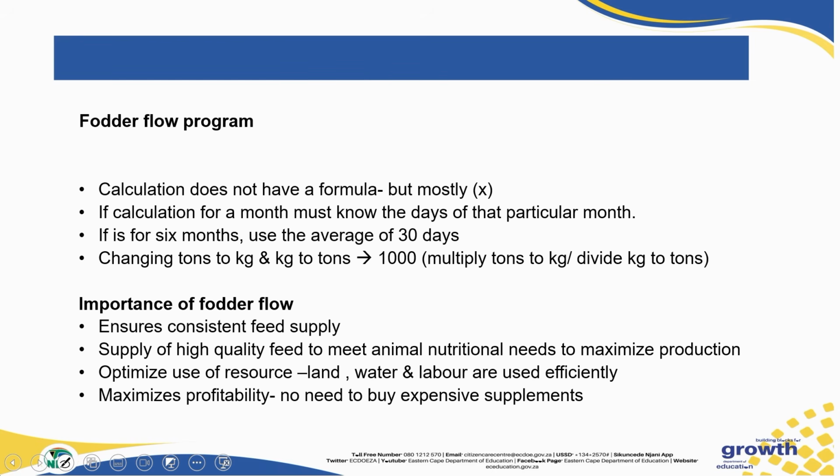You are also required to know how to change tons into kg and kg into tons. When changing tons into kg or kg into tons, we use 1,000. If you are changing tons to kg, we multiply by 1,000. If you are changing kgs into tons, we divide by 1,000. That is a secret you must know.